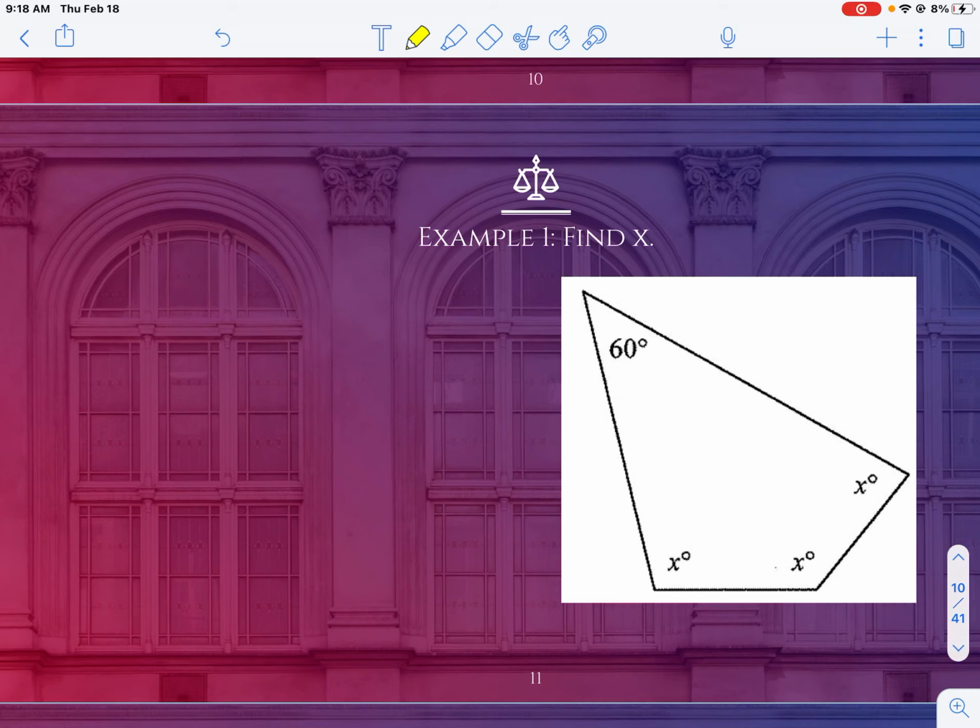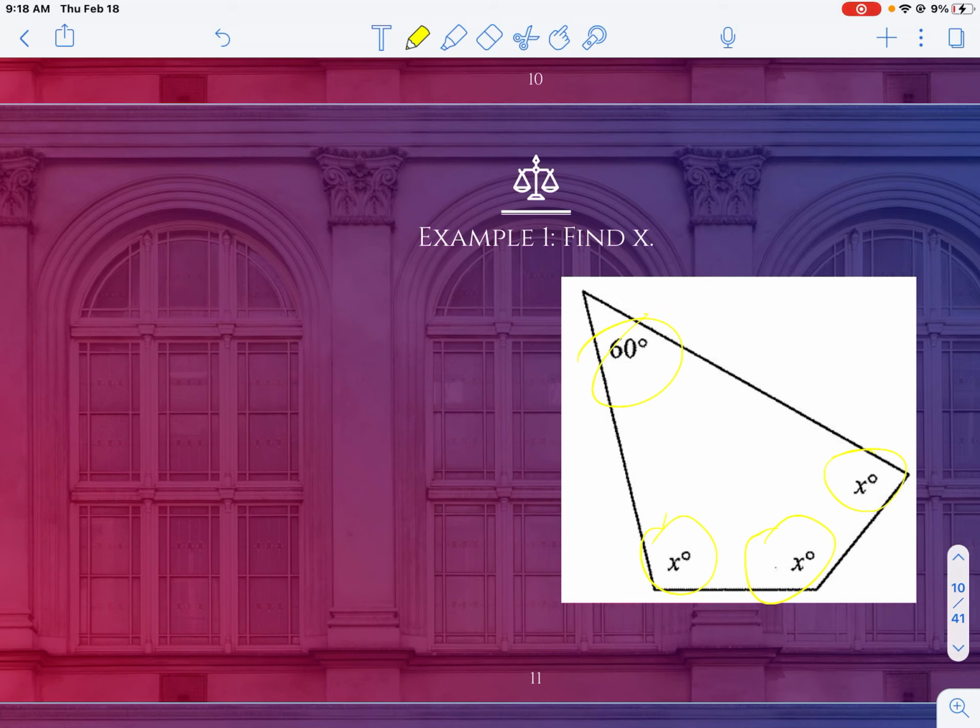But we don't know what these interior angles are. One way we can figure this out is to find the sum of all the interior angles, add all these up, and set it equal to that number.